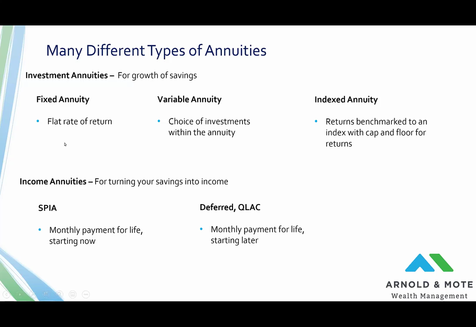The much more popular type of annuity is what I'm calling here investment annuities. That's not an official term by any means, but I'm trying to group together different types of annuities that are really sold on the prospect of you saving into these over time and you getting that tax deferred growth, where then eventually, sometime in the future, they'll try to pitch you to annuitize it or turn it into an income annuity.